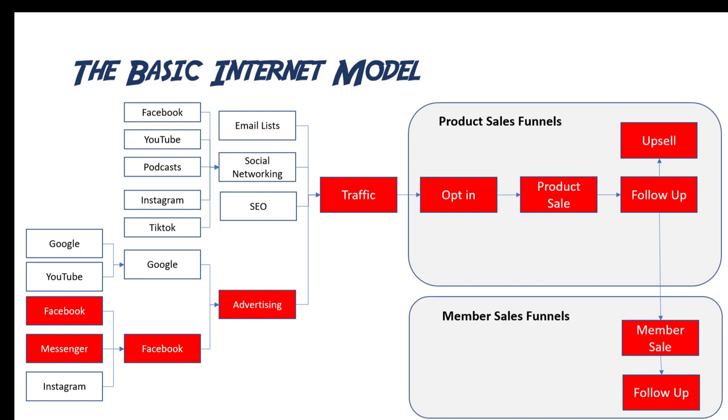So, when it comes to advertising, you advertise on Facebook, and in particular on Facebook and Facebook Messenger. That's going to generate the traffic you need, and then you focus on developing your sales funnels so people will opt in, buy your products, buy more products, and become members.